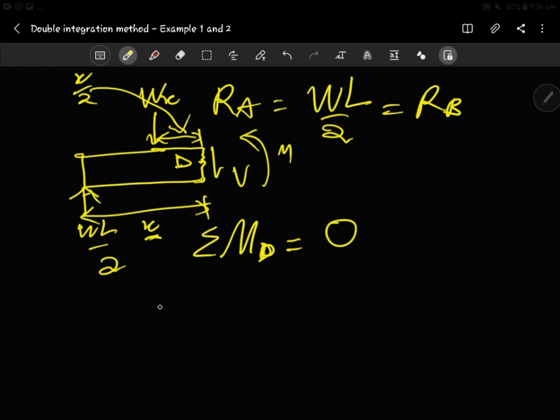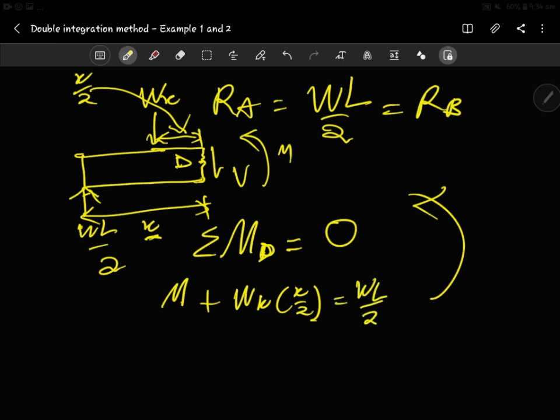If you do that moment balance, you get M, plus, going in this direction, W x times a distance of x on 2, and on the other side, W L on 2, which is the force, times a distance of x. But we know M is EI times the second derivative of y.